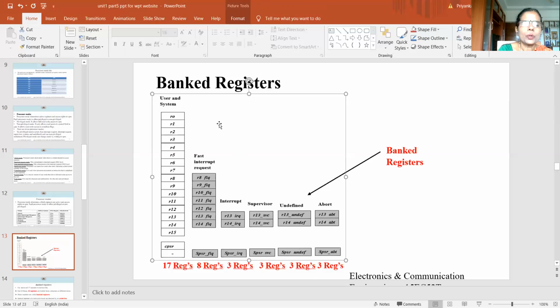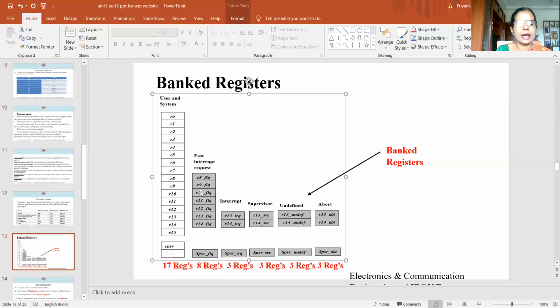Then how many total registers are there? Let us count now. In user and system mode, R0 to R15, how many registers are there? 16 registers, and one CPSR makes 17. There are a total of 17 active registers in user mode and system mode. Then in fast interrupt request mode, the same registers are used from R8 to R14.